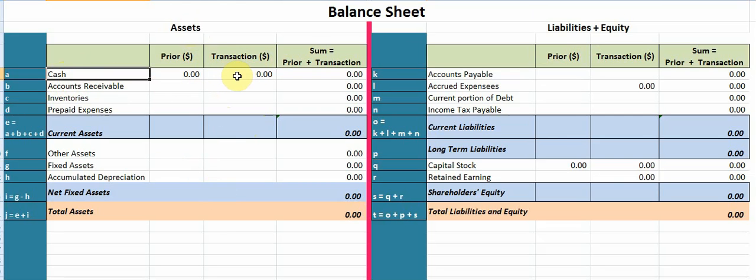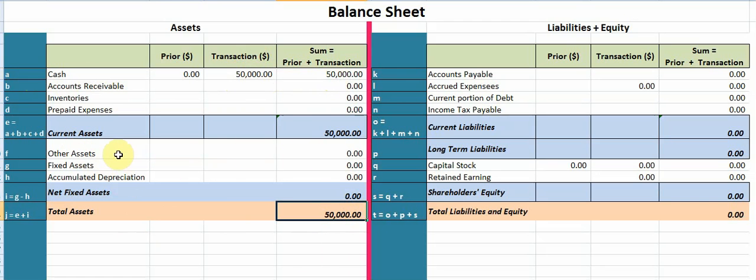I have invested $50,000 in Appleseed Enterprise. That means I can make an entry of $50,000 in the current transaction. So the cash is $50,000. I made an entry of $50,000 in the current transaction and my total asset is $50,000.